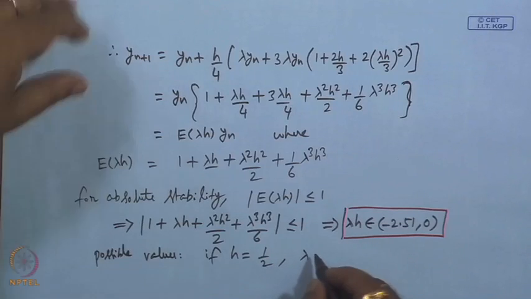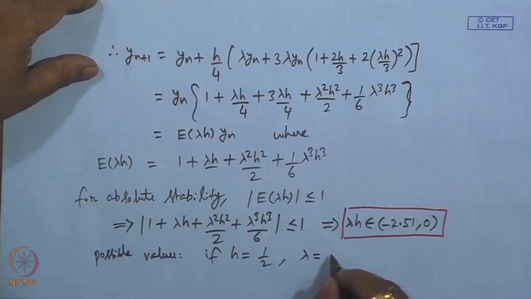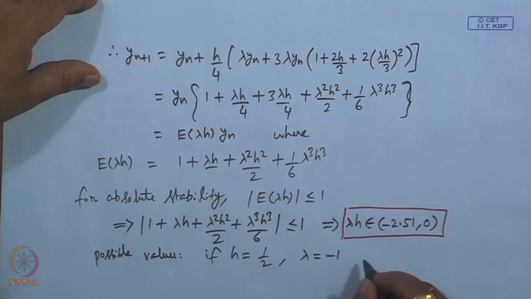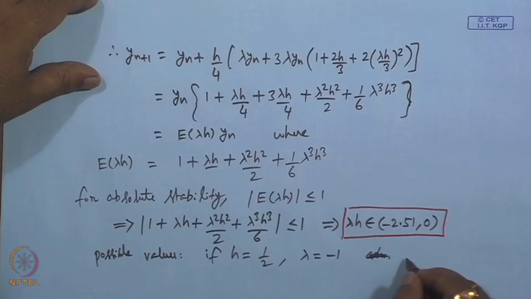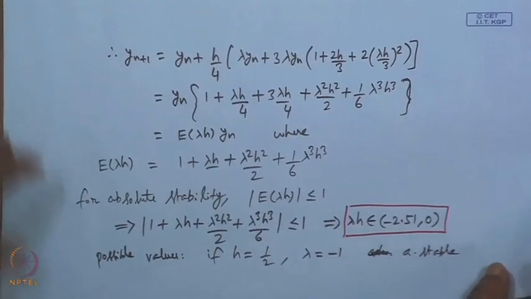If lambda equals, say, minus 1, this gives absolute stability. So, one can obtain various values.